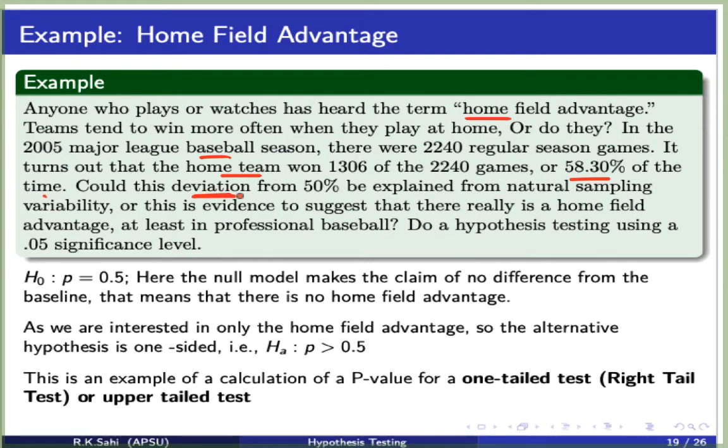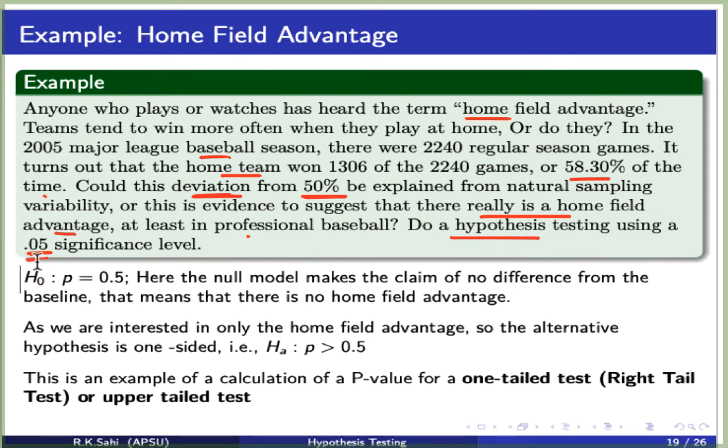Could this deviation from the 50% be explained by natural sampling variability? Or is there evidence to suggest that there really is a home field advantage, at least in professional baseball? Do a hypothesis test using a 0.05 significance level.